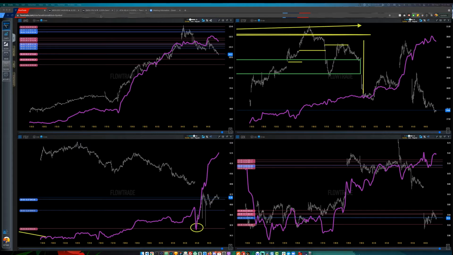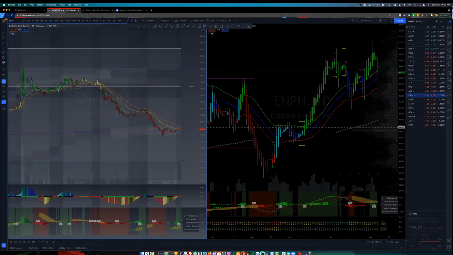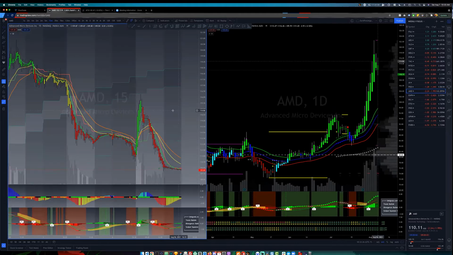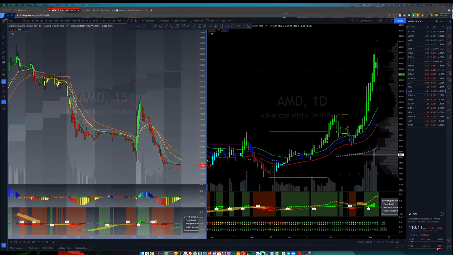I feel like it's got a good chart set up, as well as some nice divergence happening, right? Hold on, let me look at it. Was it AMD or was it something else? I went through about 20 or 30 of these this morning.